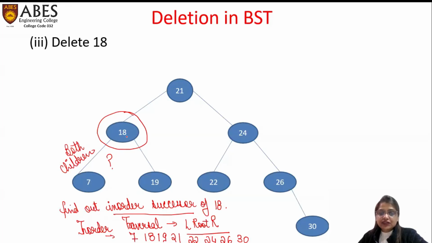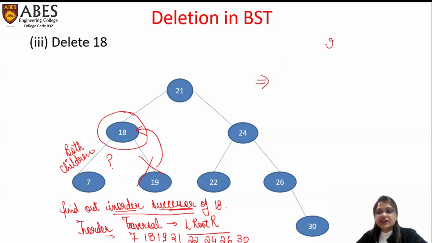If I want to delete this 18, then this value will be replaced by the in-order successor of 18. So what is the successor of 18 here? That is 19. It means this value will come here, and we will directly delete this node.